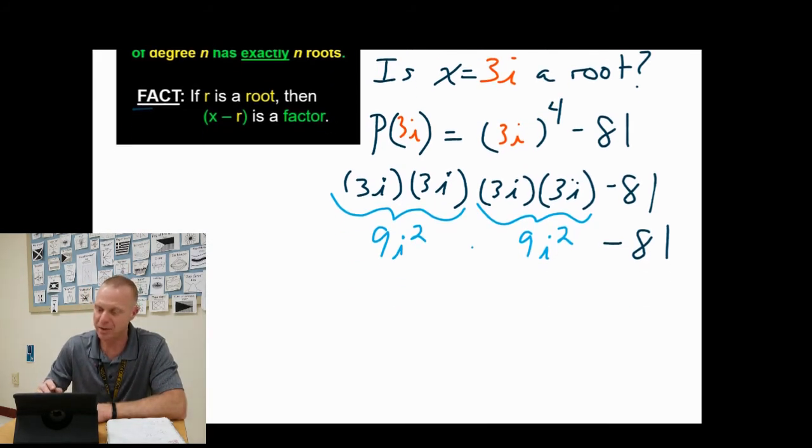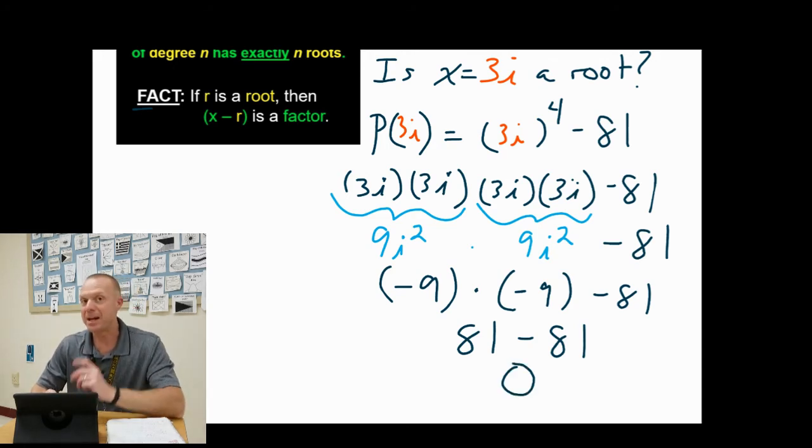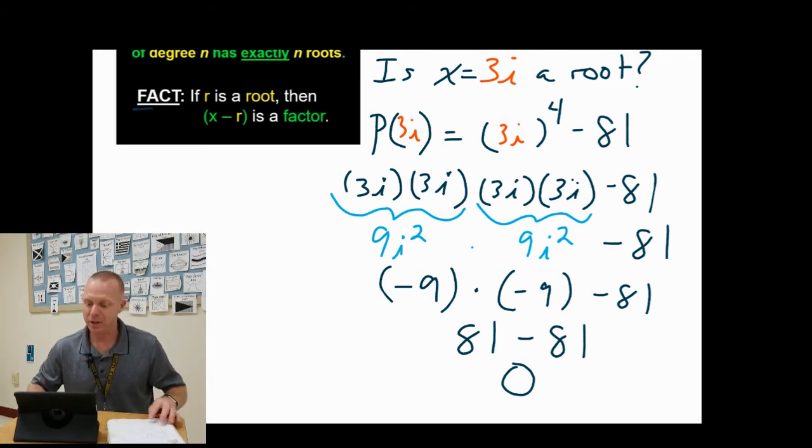Now, since i squared is equal to negative 1, then we're really staring at a couple negative 9's being multiplied together. And it looks like that even though I had an imaginary root, when I do the math, I end up with a big old 0. And so imaginary numbers, they can be roots. They can actually make an equation equal 0.